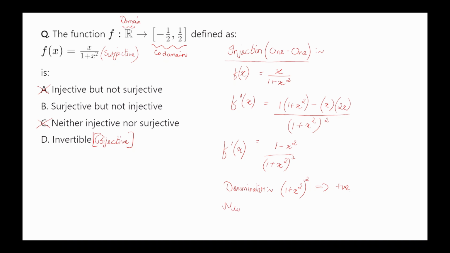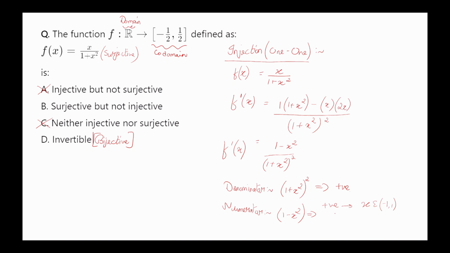Let's check for the numerator. Does our numerator change its value? We have 1 minus x square. When do we get a positive value? We would get a positive value when our x belongs from minus 1 to 1.